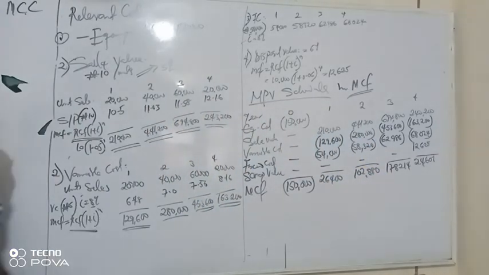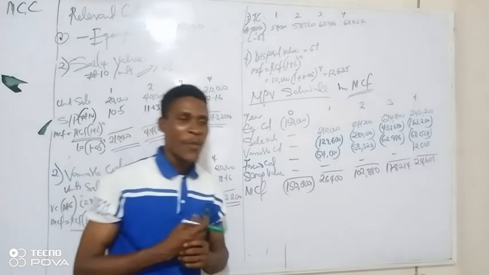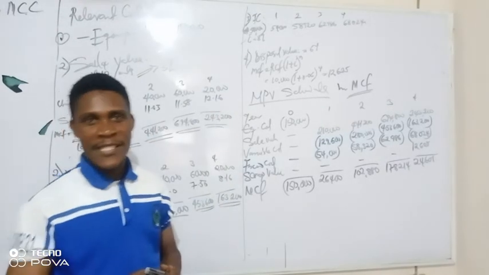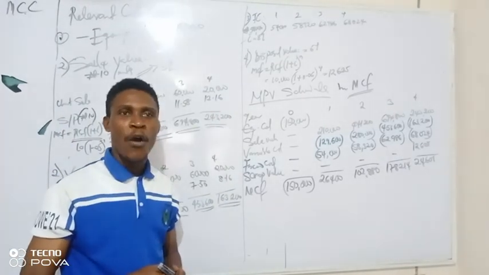So these are all our net cash flow. Don't forget, they are in money cash flow. After doing that, we will need our cost of capital.